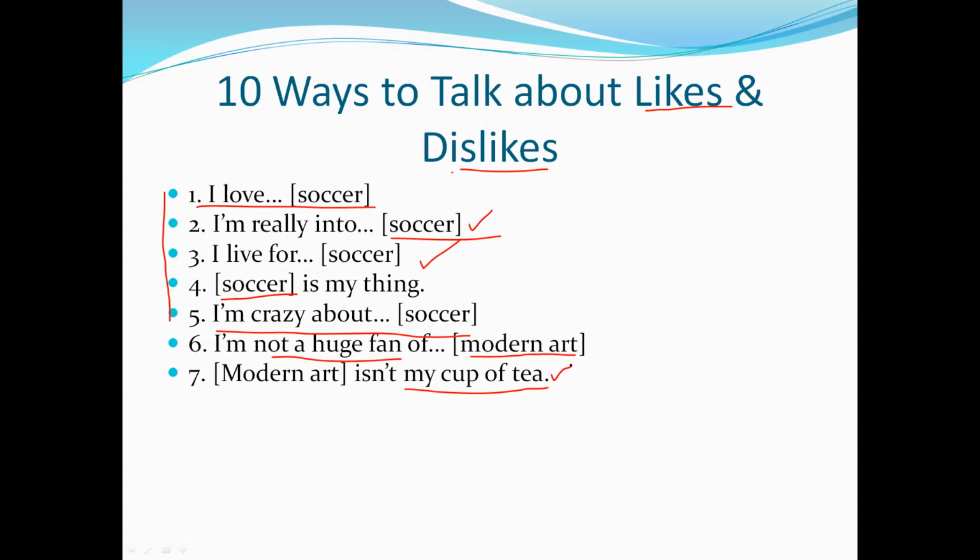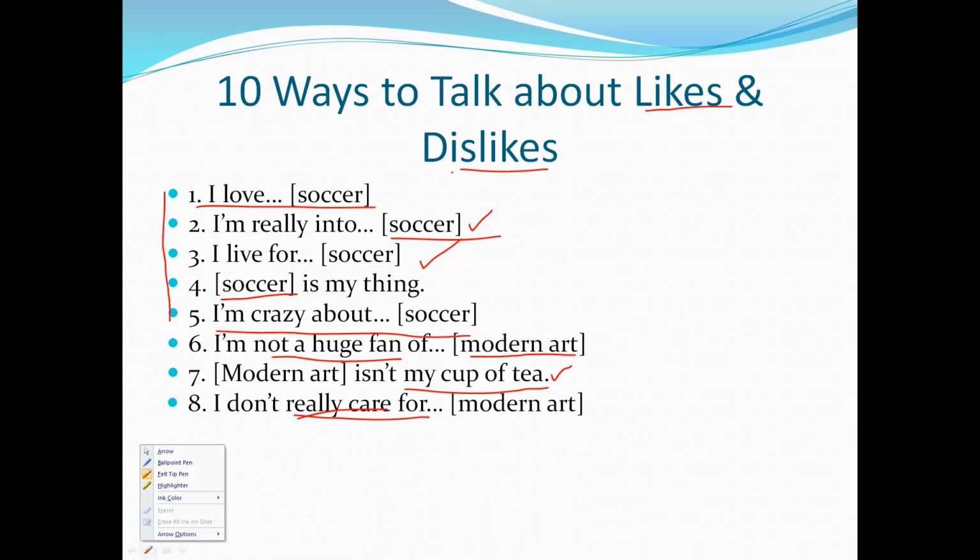Okay. Then next, you can say, I don't really care for. When you say I really don't care for, think about how you can say that you are not liking something. For example, I don't really care for gym.